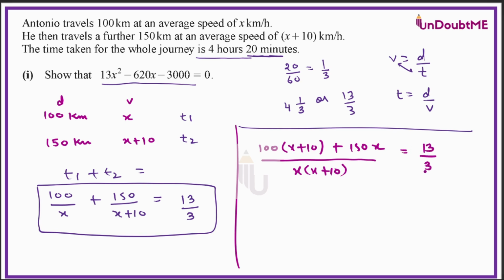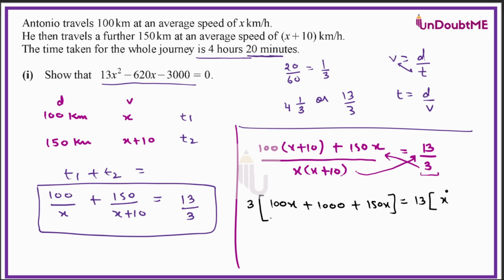Now the 3 of the denominator on the right hand side will be multiplied to the opposite side, and the same thing will happen with this x plus 10. So that is called cross multiplication. So 3 multiplied, and along with that I am just expanding these brackets also. It is 100x plus 1000 plus 150x, and on the other side it is 13 times x square plus 10x.